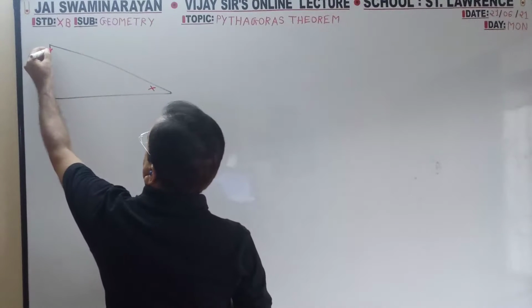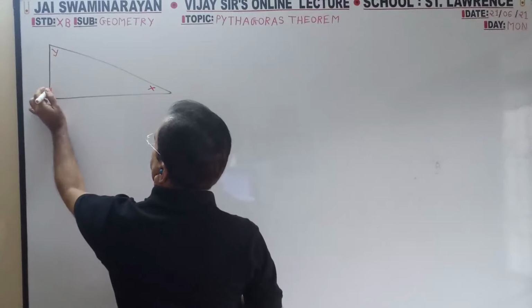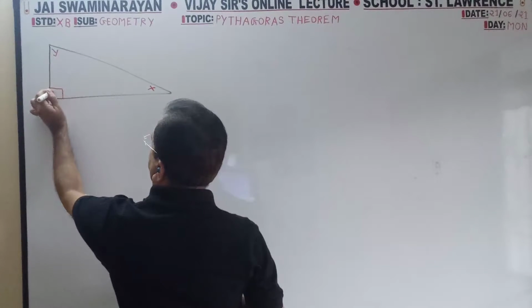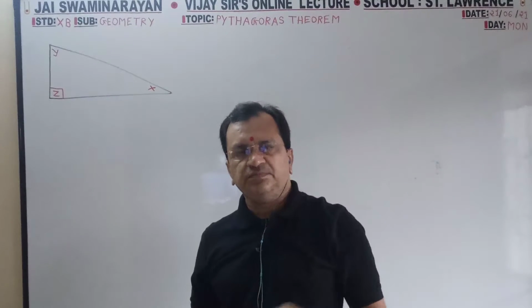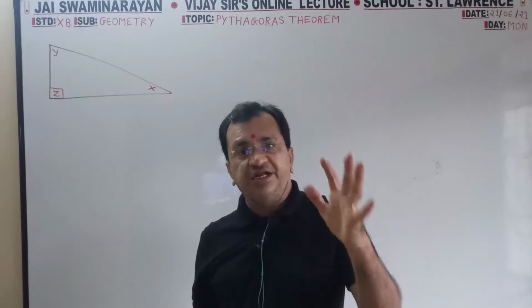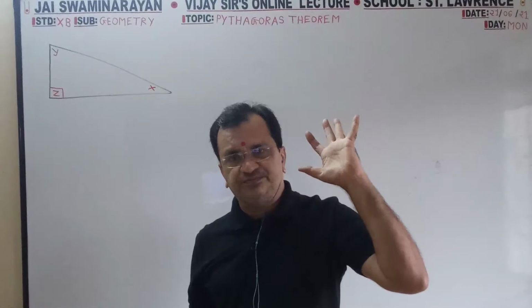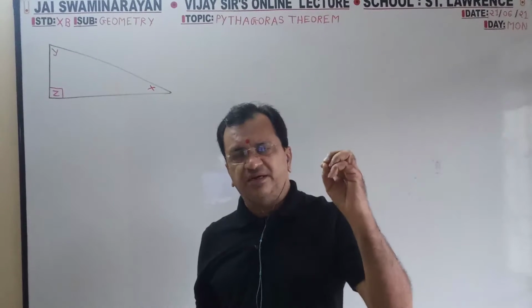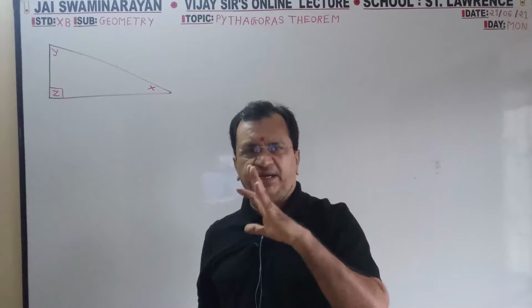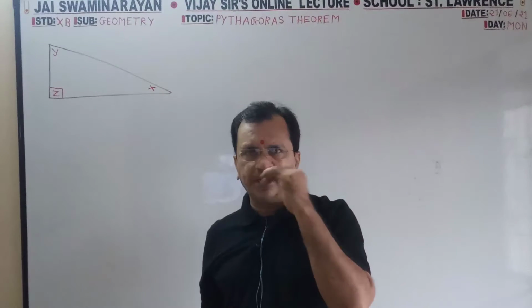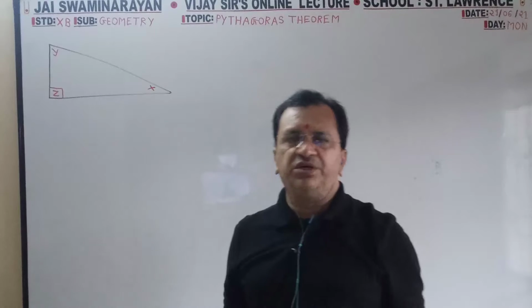Then next in increasing order y, and z means 90 degrees. X, Y, Z in increasing order you have to give the name. This X, Y, Z will help you a lot in the theorem. That is why I am calling this golden triangle.